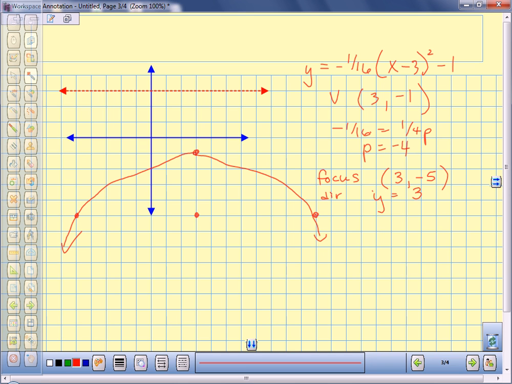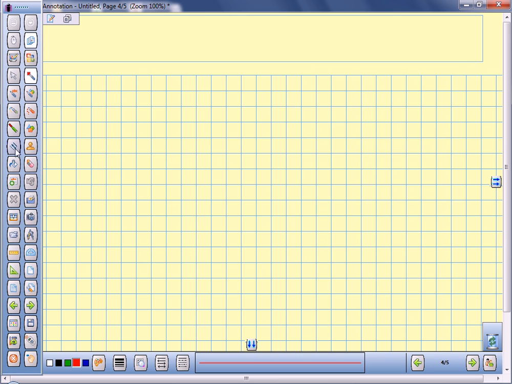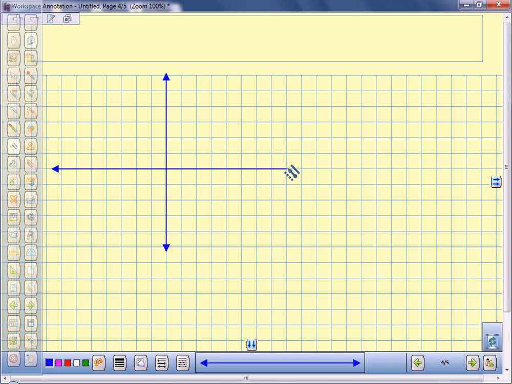Now, let's say we started with a graph instead of the equation. How could we come up with the equation? All right, so if we started with a graph, and it looks something like this, what would that tell us about the equation?